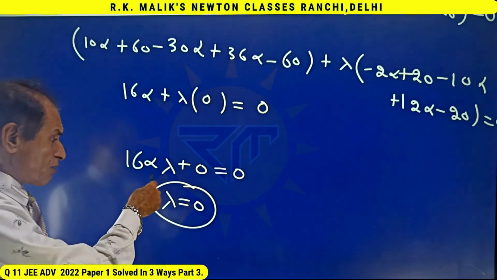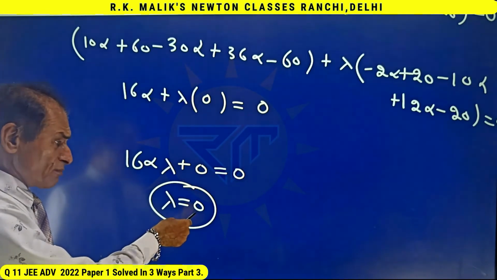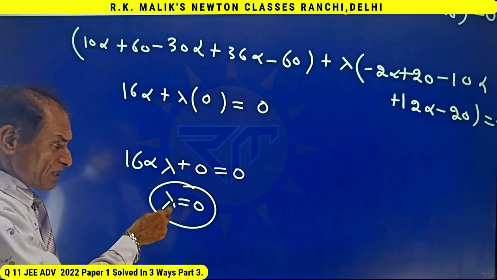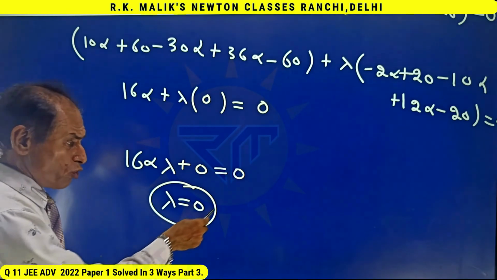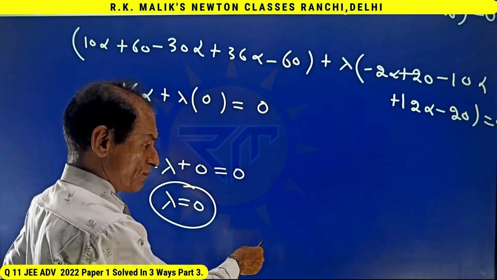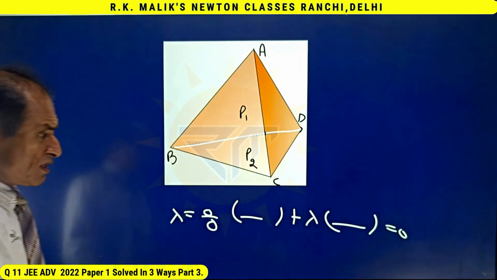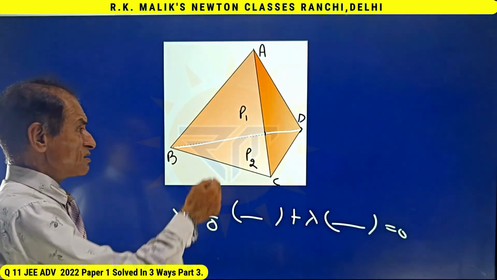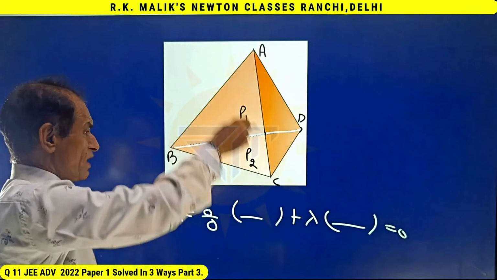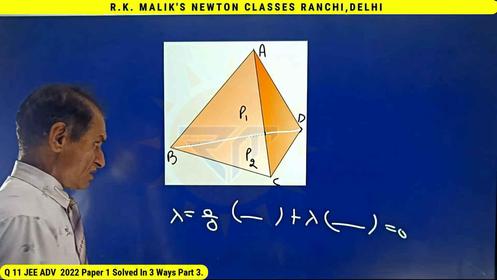And because we have got the answer lambda equal 0, and I have told you if lambda is found to be 0 or constant upon 0, then situation will be of the type that the line is of the form AB or AD or BC or CD.